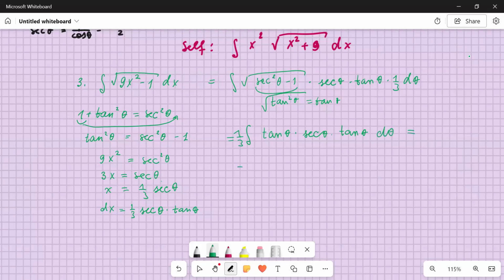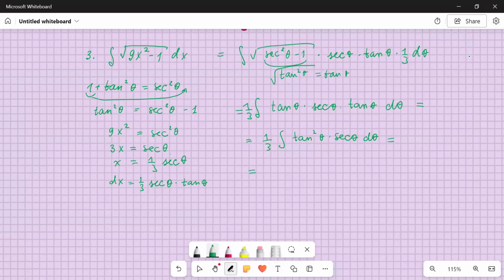If you combine two tangents together, we are going to get 1 over 3 tangent square of theta secant of theta d theta. That was the third special integral we had last section, right? And I was asking you guys to kind of figure it out, but I hope that you did it already and you already know what it's going to be.